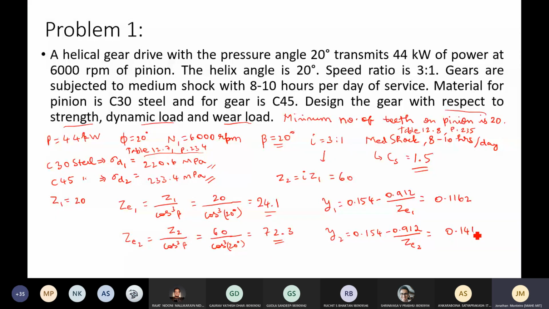So sigma d1 and sigma d2 are ready, y1 and y2 are also ready. It's time to find out which is the weaker member. Okay, let me move on to the next slide. So here sigma d1 y1, the product will be, and sigma d2 y2 we will compare.